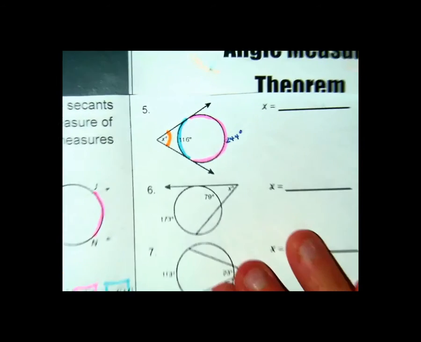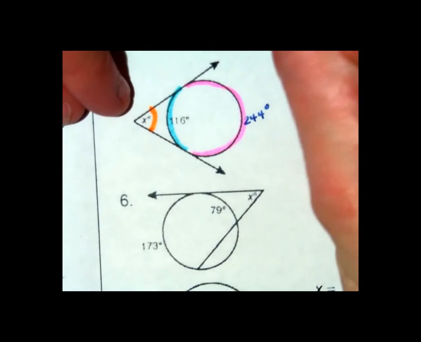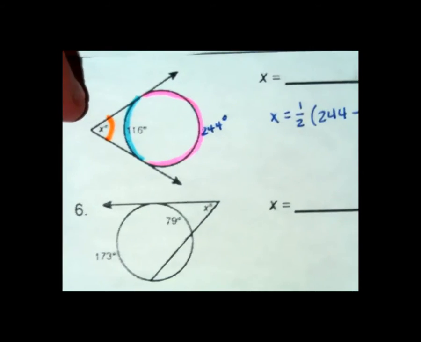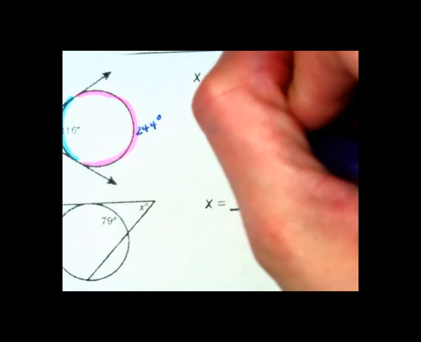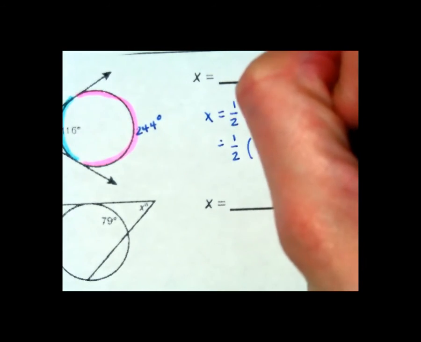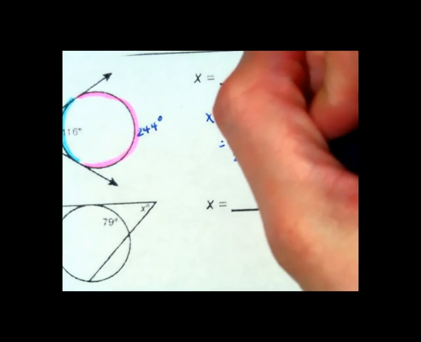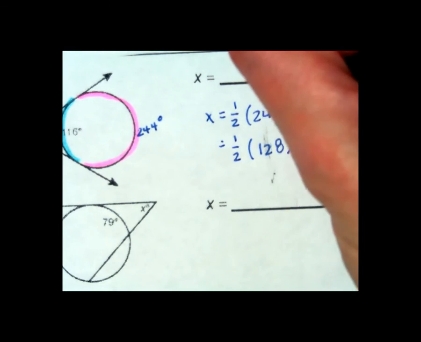Okay, so my formula says this x is equal to 1/2 large minus small. What is 244 minus 116? 128. 88 doesn't make sense. What is half of 128? 64.